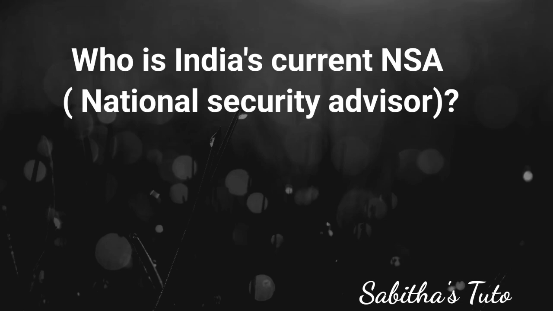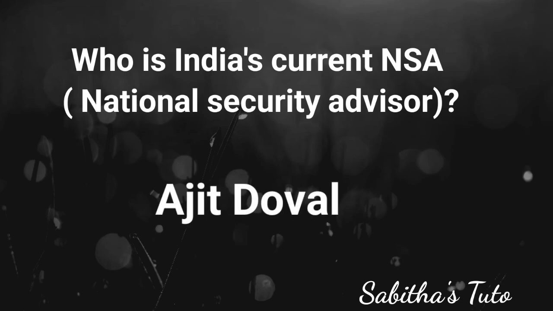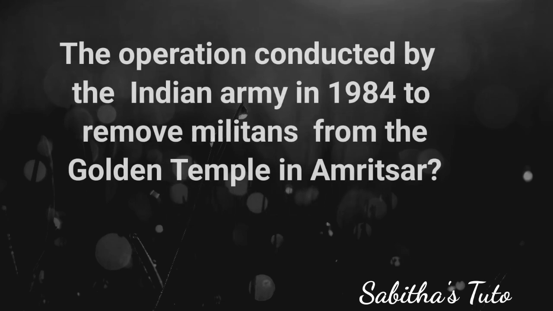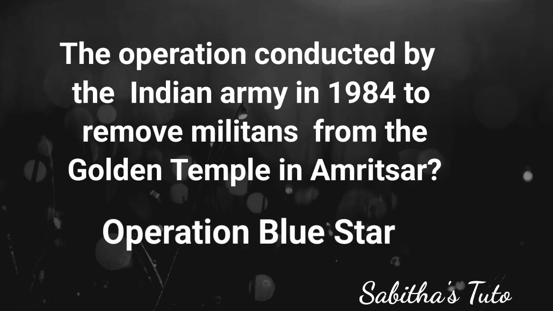Who is India's current NSA, National Security Advisor? Ajit Doval. The operation conducted by the Indian Army in 1984 to remove militants from the Golden Temple in Amritsar? Operation Blue Star.